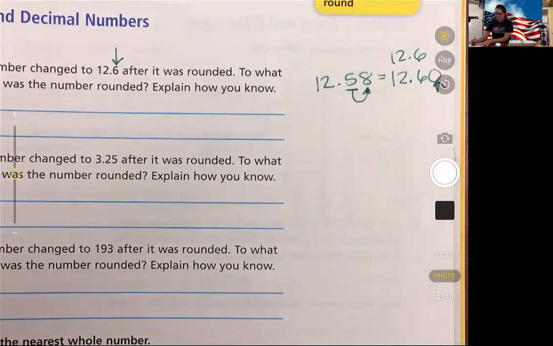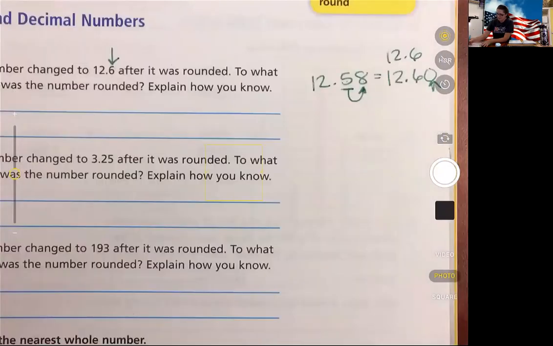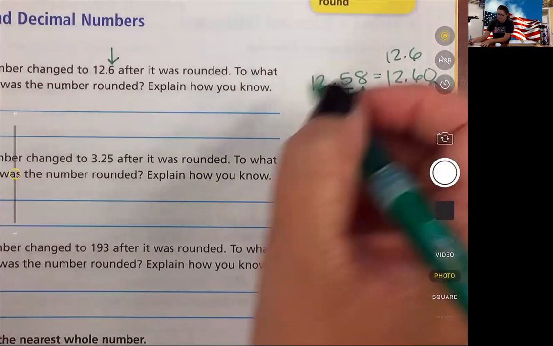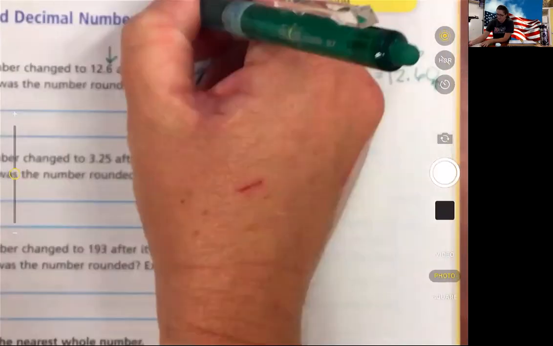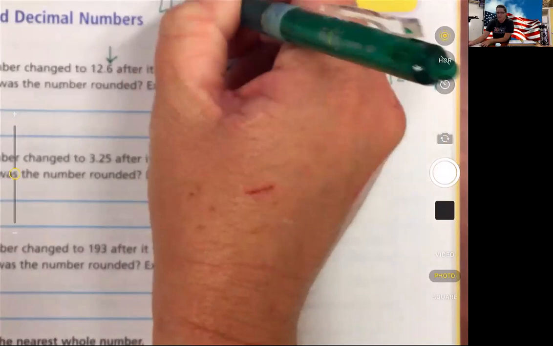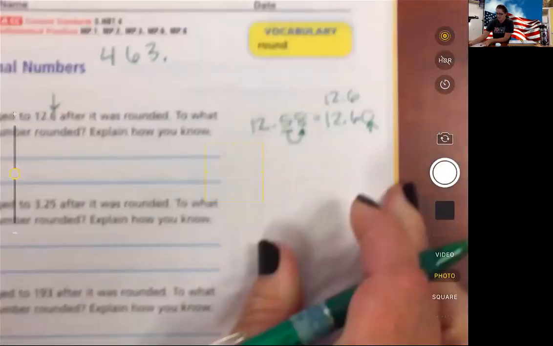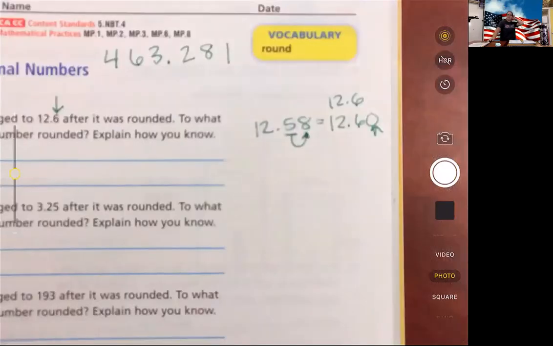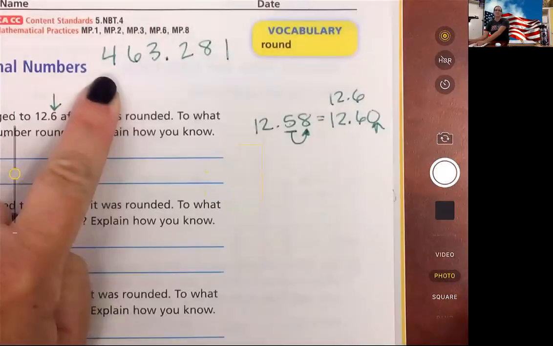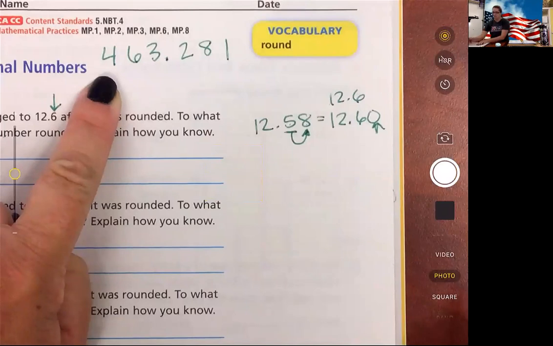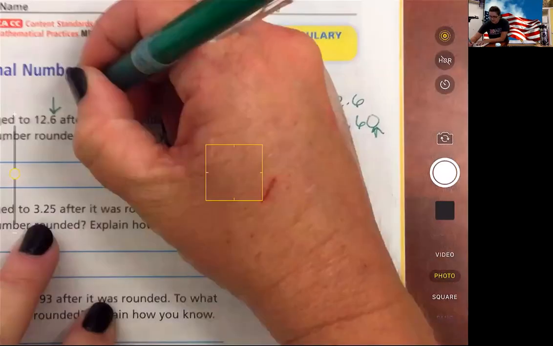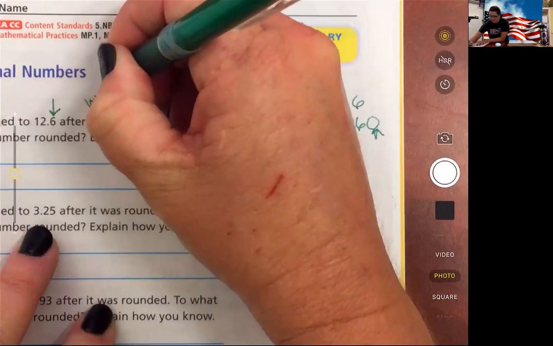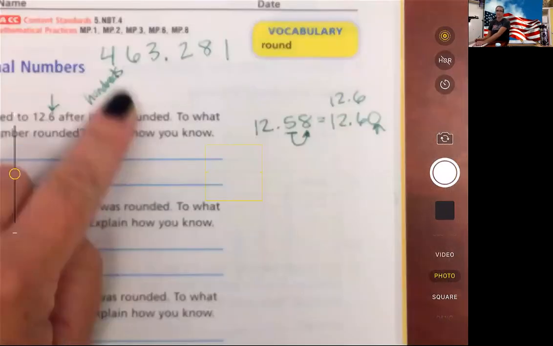Let's think about this. Oh, I don't have room really on here. Let me make this number 463.281, we'll say. So this 4 is in what place value position, guys? Just shout it out. Hundreds. There's no THS. It's just the straight up hundreds place.